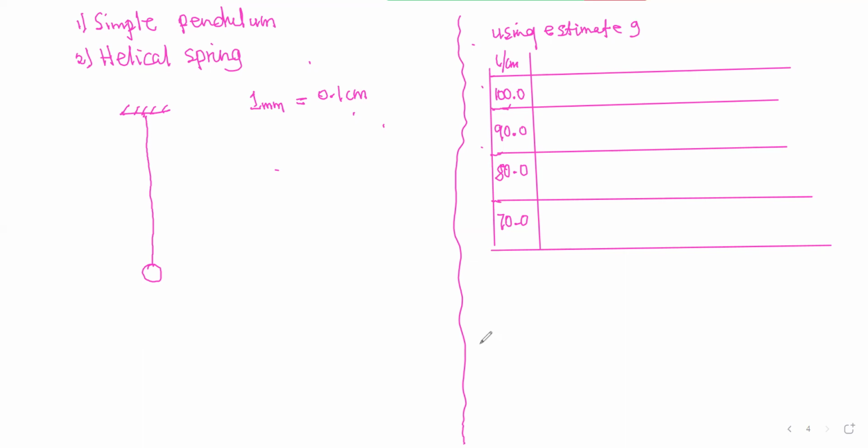Whenever you take a measurement using the meter rule, you must indicate the least count of that instrument. Else, if you just write 100, 90 and so on, you'll be marked down in the table of values and we'll deduct marks.